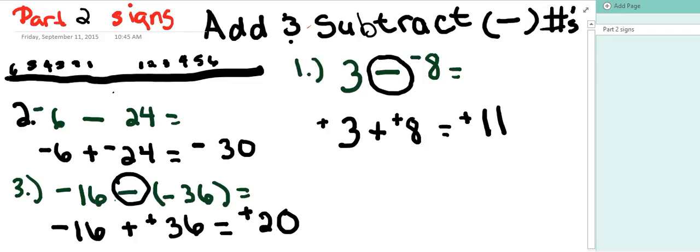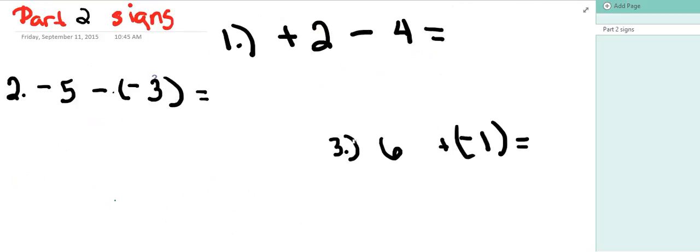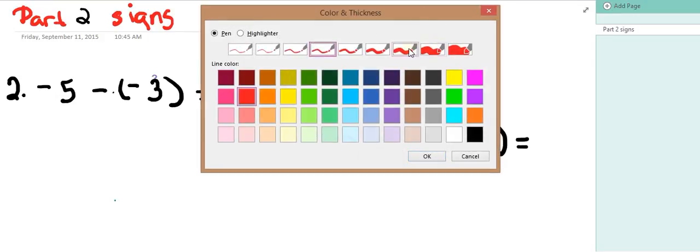All right, let's go ahead and check your problem. The first thing we want to do when we're dealing with negatives and positives is look at the center sign and see if it's adding or subtracting, because we want to make sure that we're adding them all so that we can apply one rule and it doesn't mix us up too much.